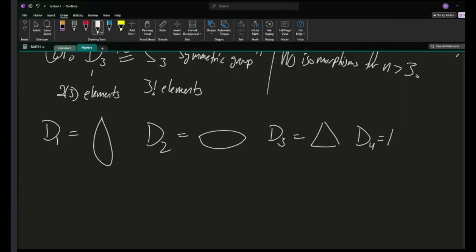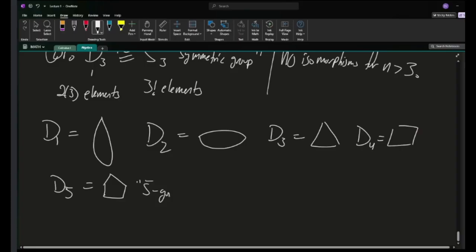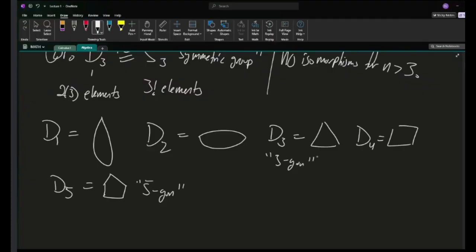D4 is denoted as a square, and so forth. We don't say they're official terms, we kind of denote these as, say, fivegons, because they don't have to be specifically pentagons, triangles, and squares.